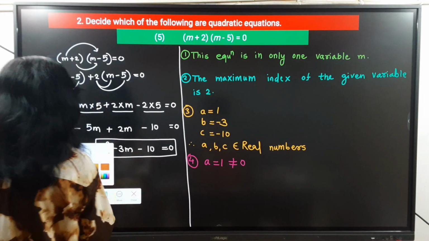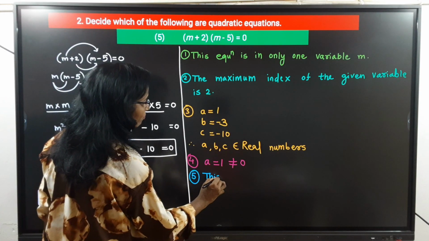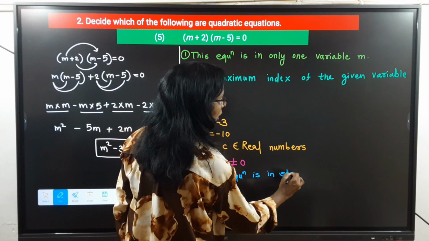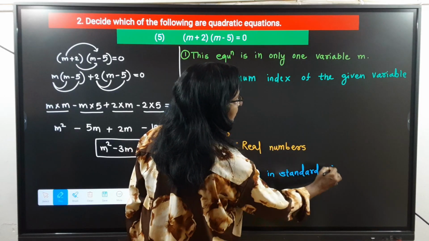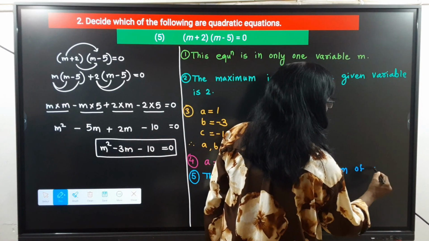And the last condition is that this equation is in the standard form of a quadratic equation.